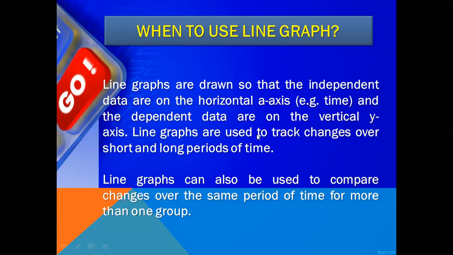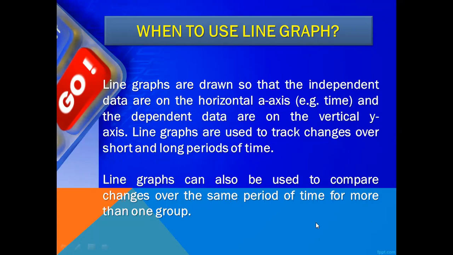Line graphs are used to track the changes over short and long periods of time. A line graph can also be used to compare the changes over some period of time for more than one group.